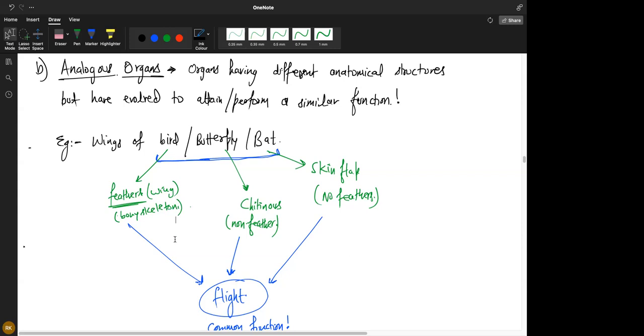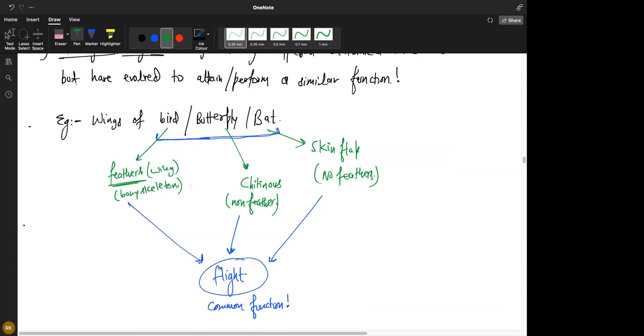But at the functional level, all of them help in one common function, which is flight. So it tells that biology always finds a way, life finds a way. There is no one way to fly in biology. You can fly by multiple ways, correct? And multiple different organisms coming from different origins have evolved different organs with which they fly.